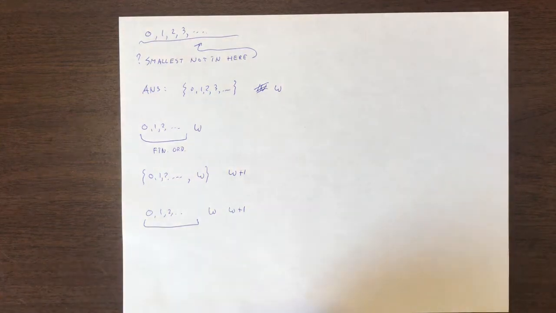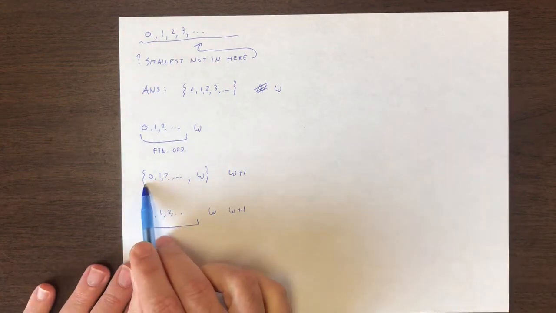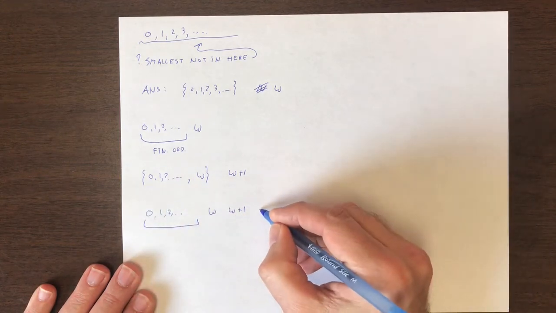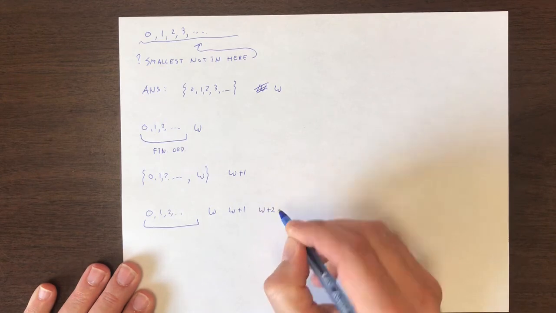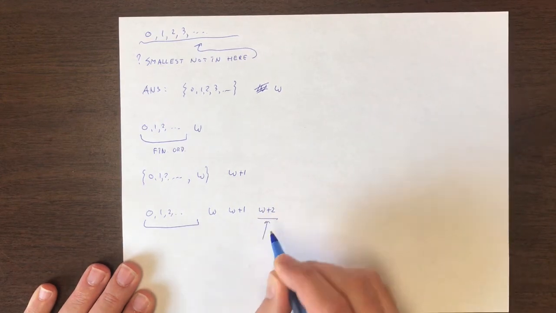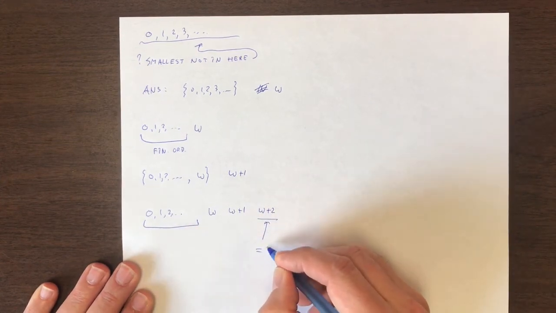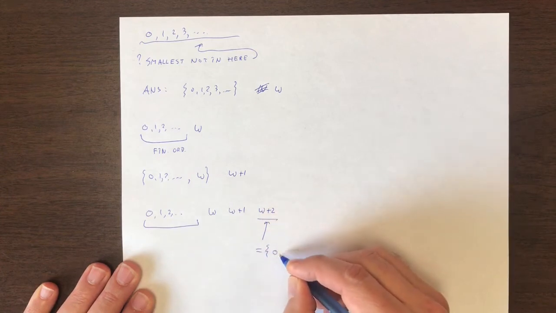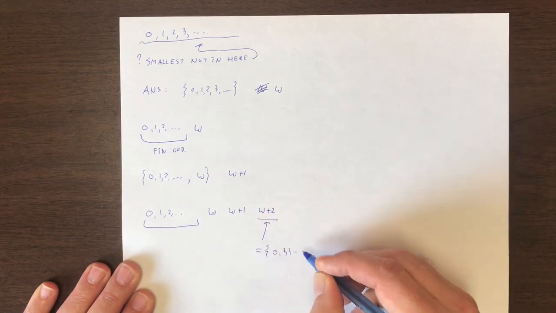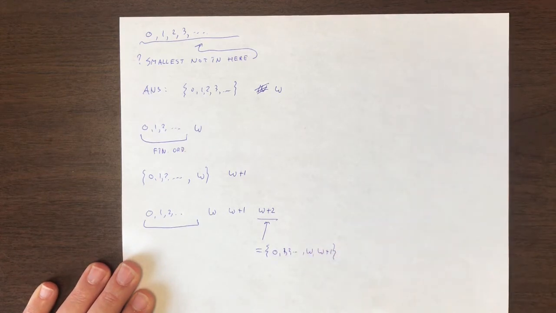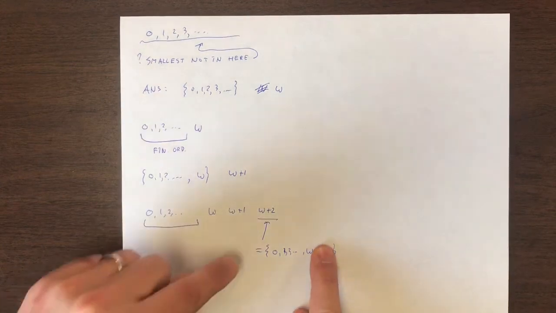Now you can guess what comes after that. The set, so what comes after that? Well, of course, we're going to denote that as omega plus 2. But what actually is omega plus 2? Well, what it really is, is the set of all smaller ones. So omega plus 2 is equal to the set of all smaller ones, namely 0, 1, 2, etc., and then omega, and then omega plus 1. Okay? But keep in mind, this omega plus 1 is just an abbreviation for this set.